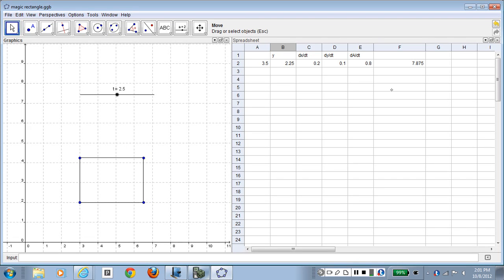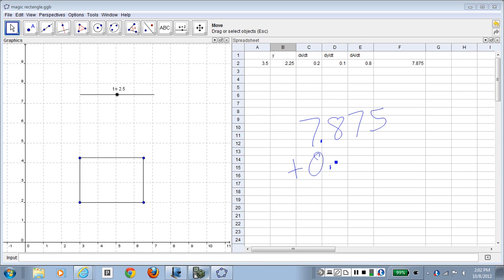If it's currently increasing at a rate of 0.8 of a square meter per second, what's your best guess as to what it will be 1/10 of a second from now? Eight tenths of a square meter per second in 1/10 of a second.